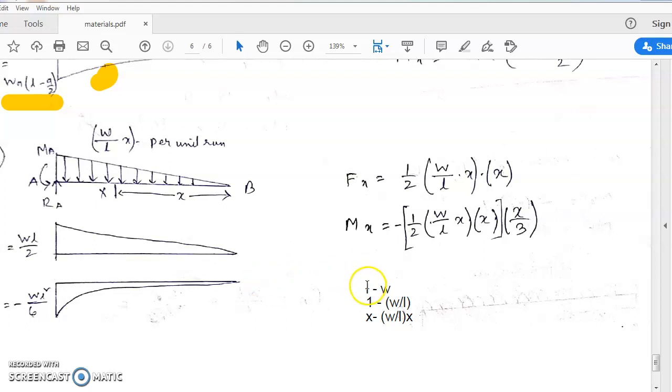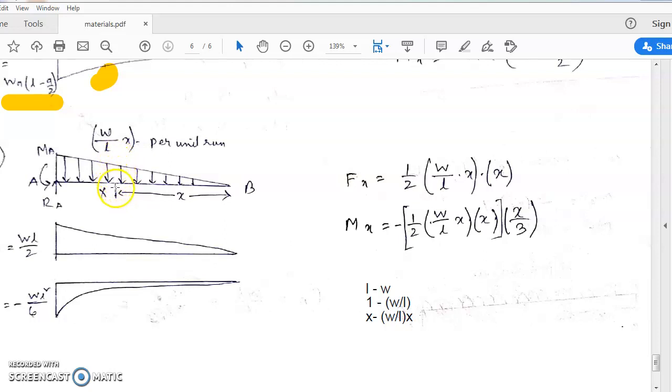For length L, the load increases by w, and for unit length the load increases by w by L, and for length x the load increases by w by L into x. So here also we have taken the point capital X at a distance small x from point B. So what will be the load up to point X?